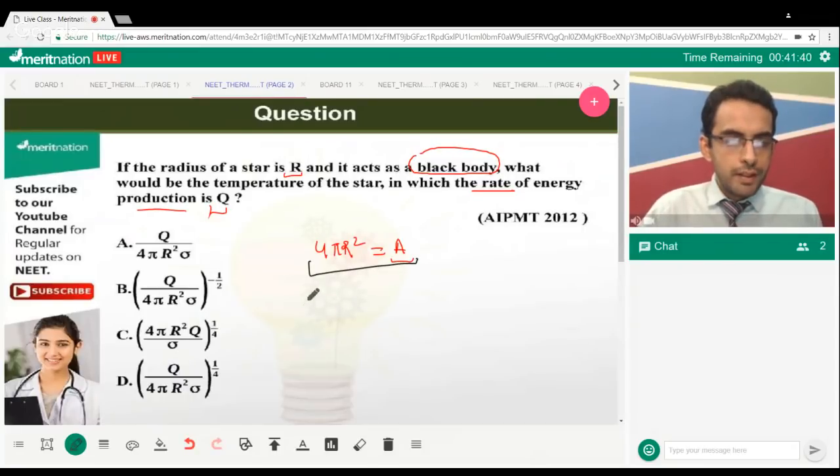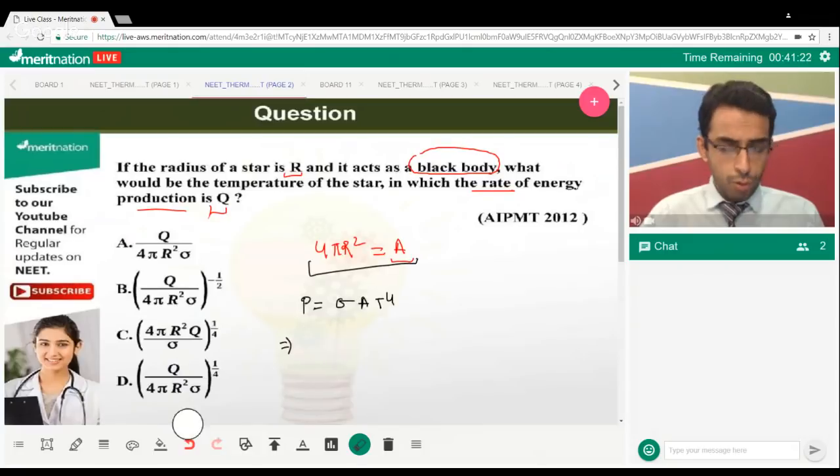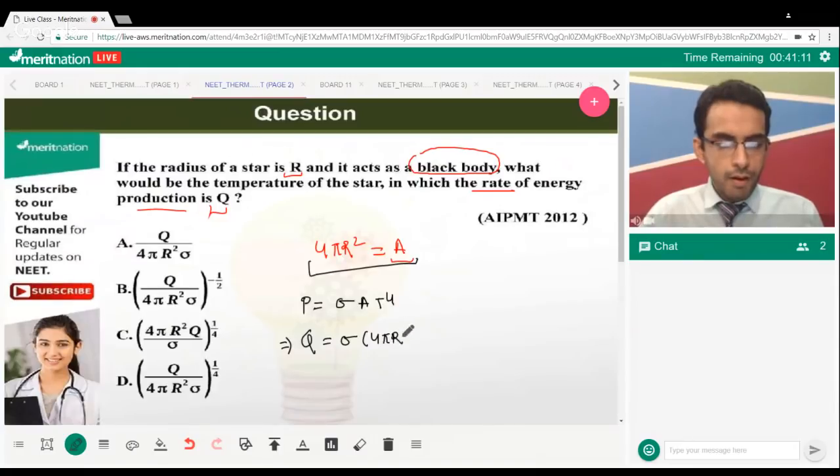Now see, power is equal to sigma A T raised to the power of 4. So in this question, P is given as capital Q, right? So we can write the values as Q is equal to sigma into A, which is 4 pi r square, and T raised to the power of 4.